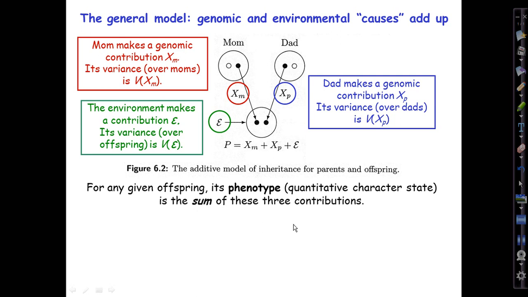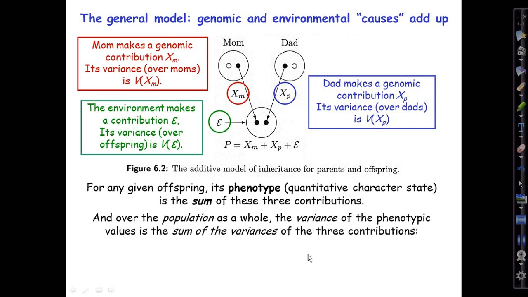So that's the model. The phenotype, the quantitative character or trait state, is just the sum of these three contributions. And over the population as a whole, then the variance of the phenotypic contributions or values will be the sum of the variances of the three contributions.